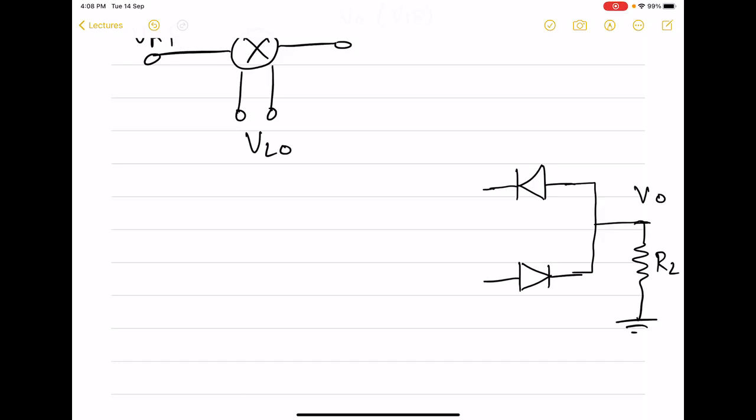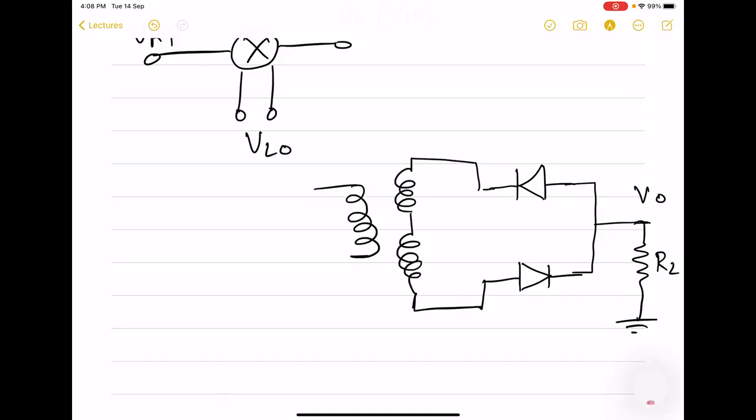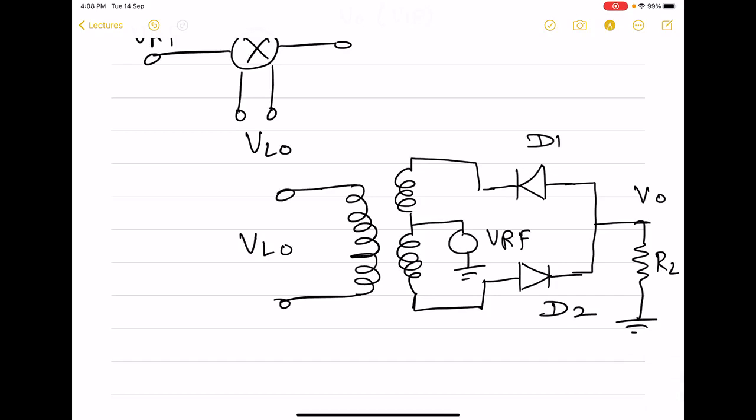A transformer is required to implement this circuit, and it has 1:2 windings, such that the number of windings between node A and B is the same as that of the primary, and that between B and C is also the same as that of the primary.